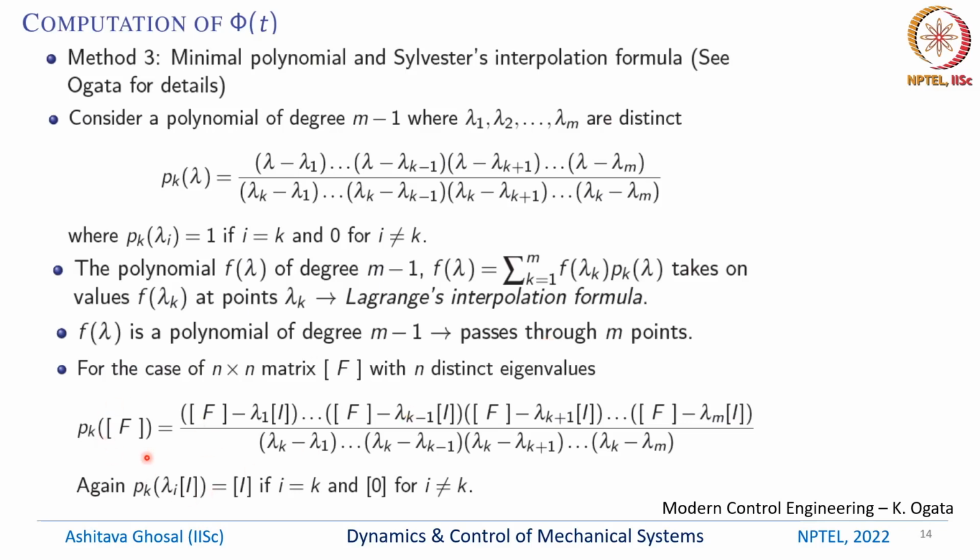Okay, so here I can get a polynomial in which the elements are the matrices F, and again pk of lambda i in identity is identity if i equals k and 0 if i not equal to k. Okay, it follows more or less from whatever was happening to this pk of lambda, and whatever is pk of F instead of lambda, we now have the matrix F, which is in the state equations.